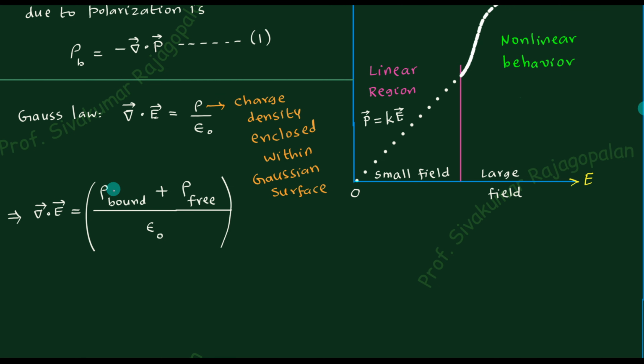So the charges present in the dielectric medium should give rise to dipoles. If that is the case, we say polarization has taken place. But the point to be noted is that all such charges present in the dielectric might not have participated in the generation of dipoles. And therefore, if there are charges that are left out without generating a dipole, those charges we will call by the name rho free.